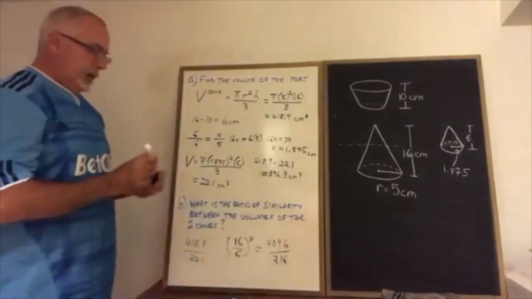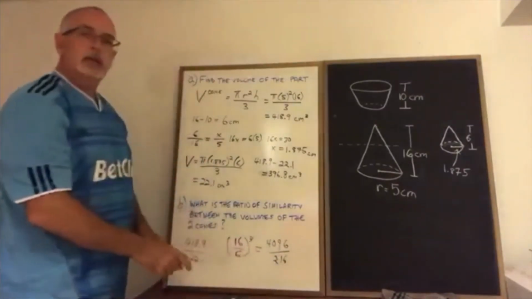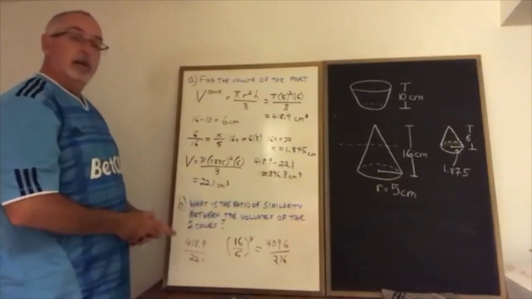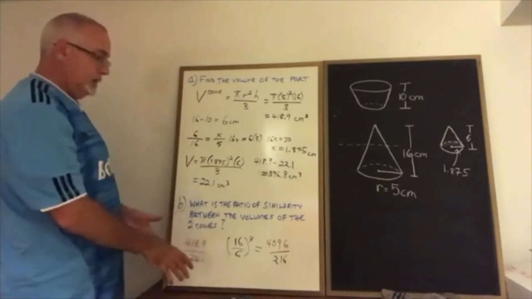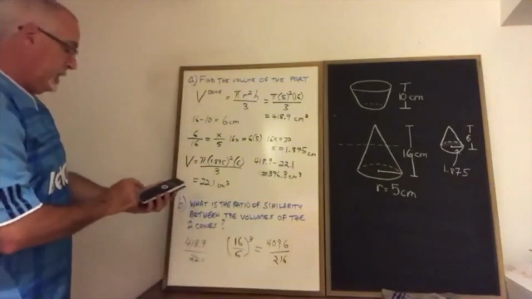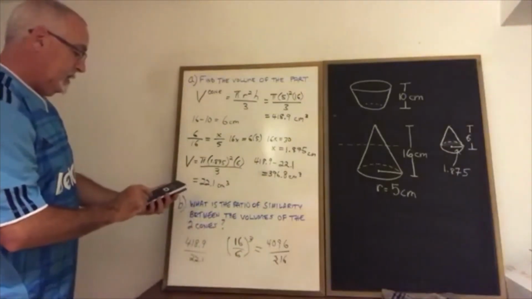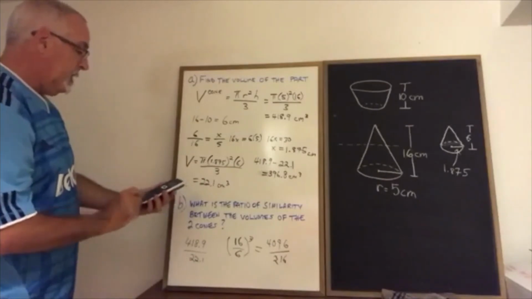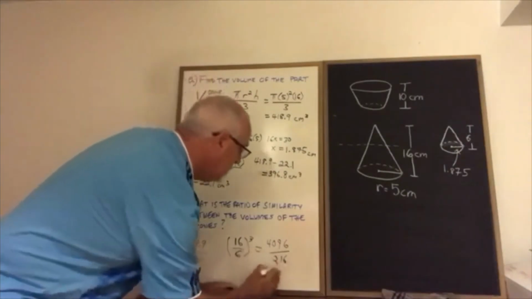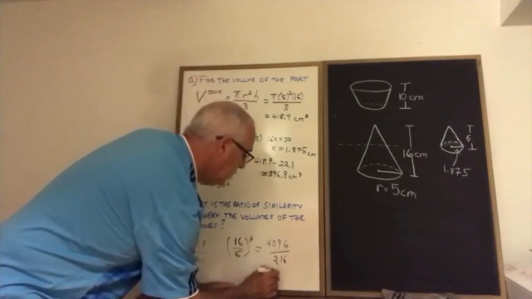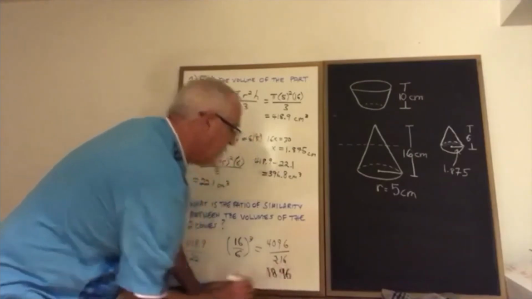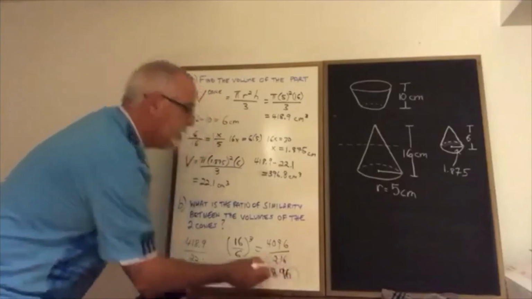Now I want to know if I can have confidence in these answers, because I used two different approaches to find the answers. One thing I can do to test how confident I am in the results is divide and see whether I'm getting the same answer. 4,096 divided by 216 rounds to 18.96 in decimal form.